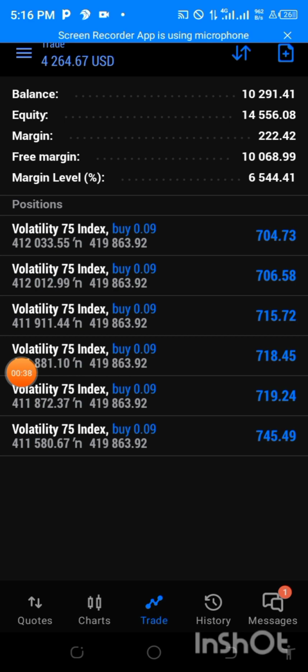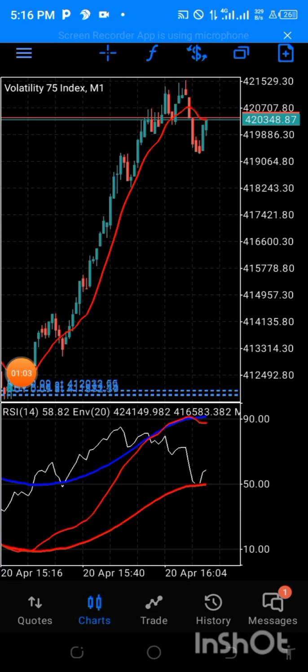We're using a lot size of 0.09 right now. This is why we're using 0.09, because there's a large amount that we have here because it's a demo account, and we're having a profit of $4,526, guys.